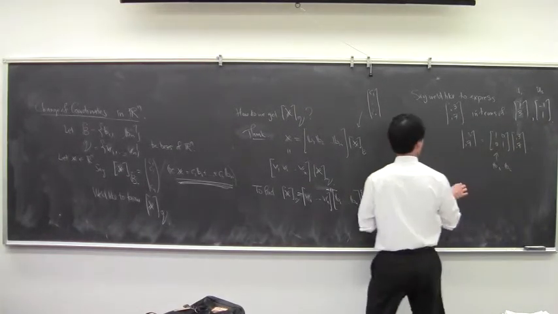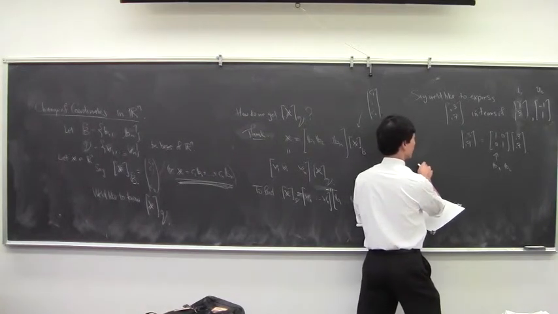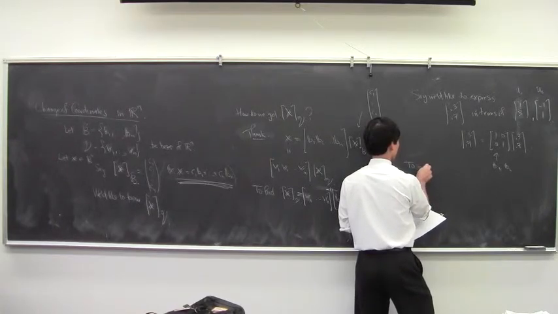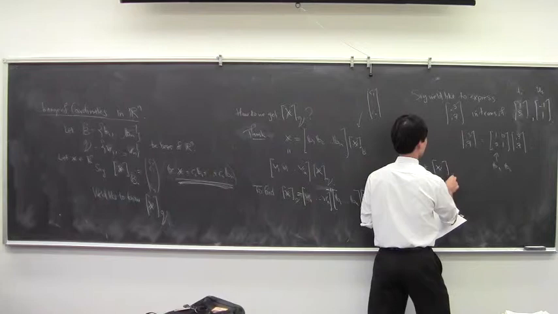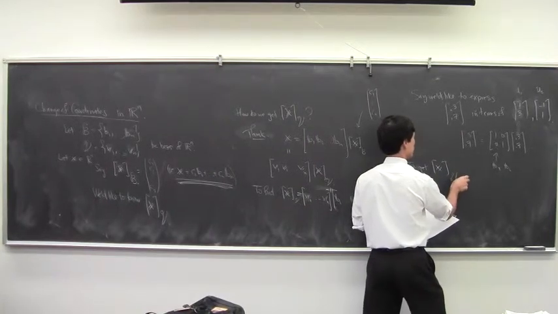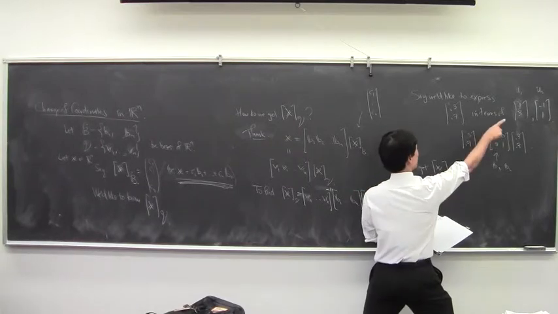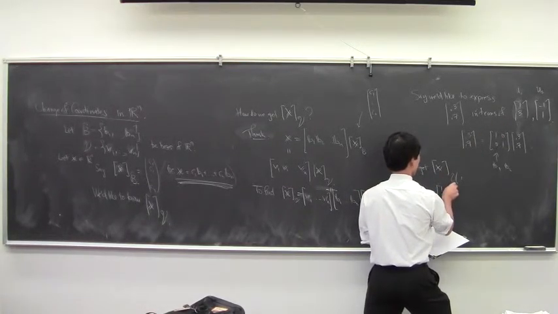Okay. So to get the expression of the thing with respect to the U basis, what do we need to do? We take the U vectors, 1, 3, negative 1, 1.